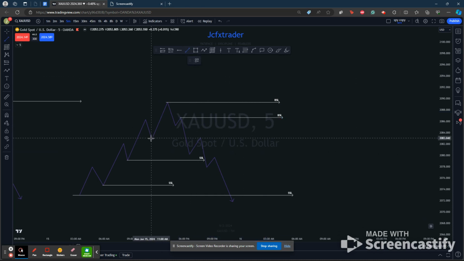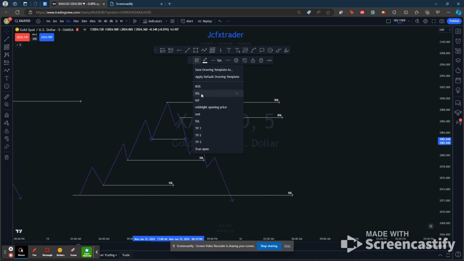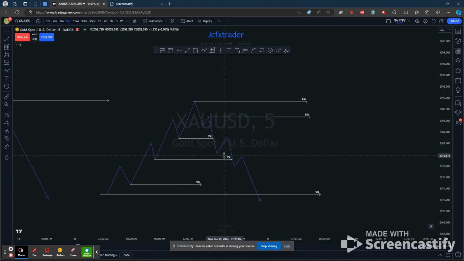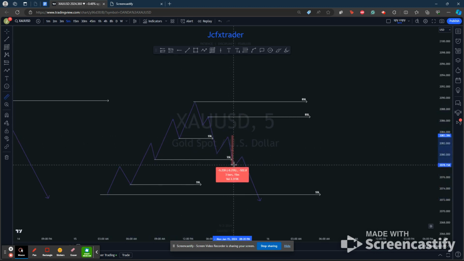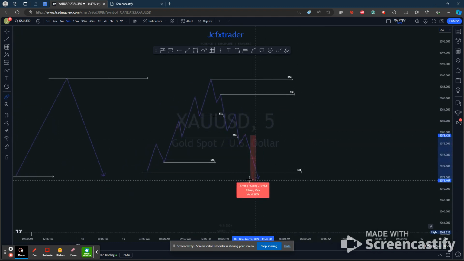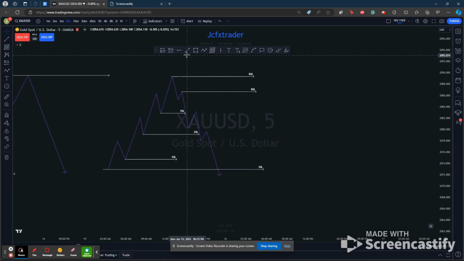And if we were to draw it long, although this isn't as accurate, this is just a drawing, each time we come down, touch sell side liquidity, we get a little run down, just a little bit, and then we come up. It comes down, touches sell side liquidity, runs a little past it, and then comes up. And then in the end, we have what's called a sweep.